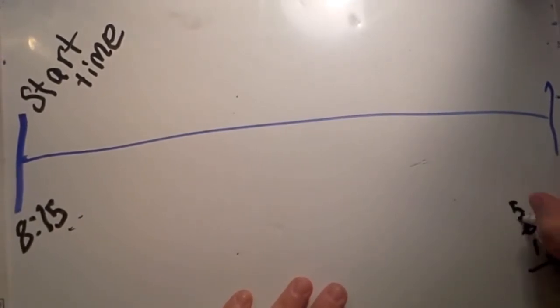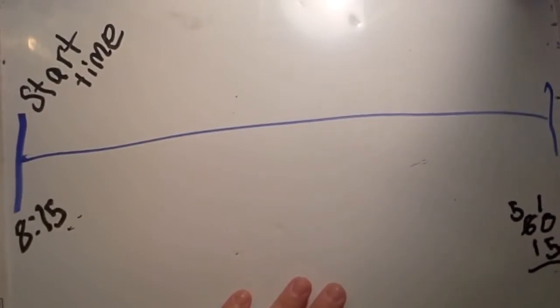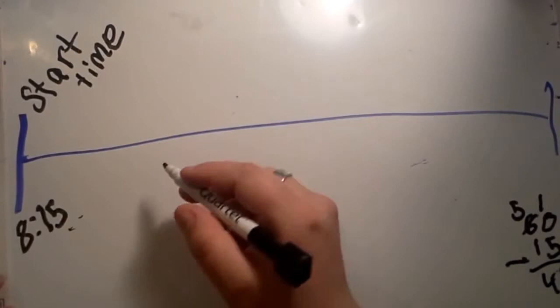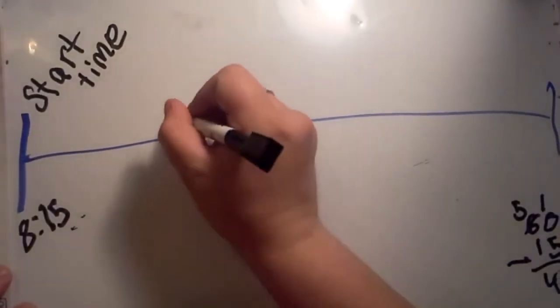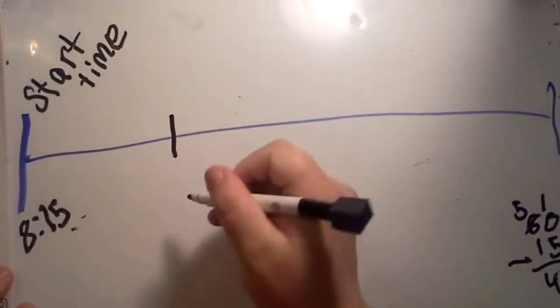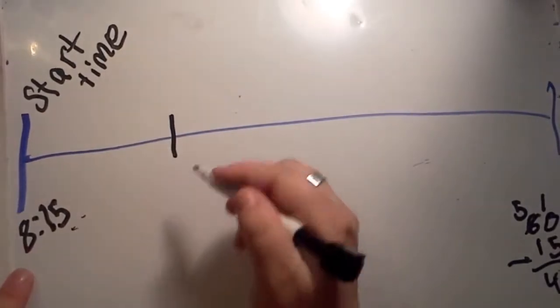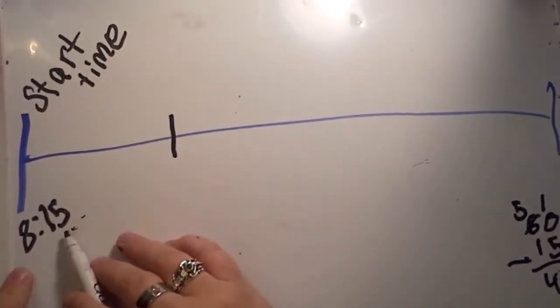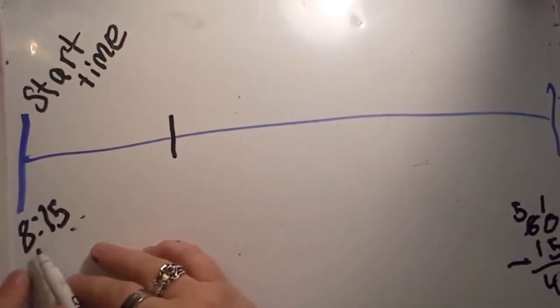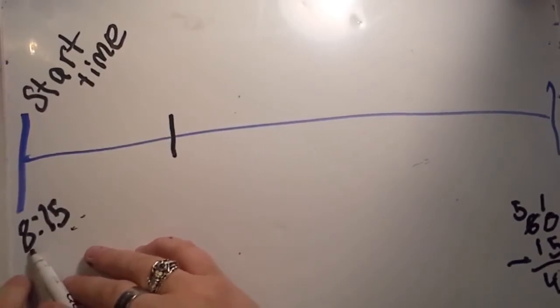Borrow, this becomes a 5. 10 minus 5 is 5. 5 minus 1 is 4. So again, we get 45. The way I'm going to show that is I'm going to draw another line here. And remember that when we add 45, that bumps this hour to the next hour.